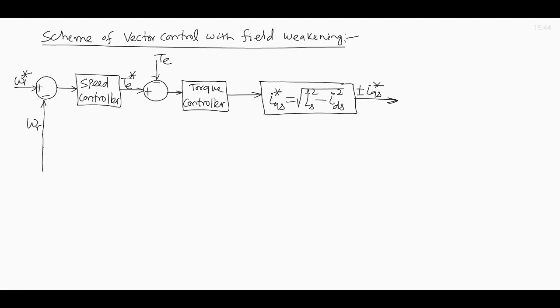Further, from the rotor speed, we have the flux controller. For high speed operation above the base speed, flux weakening control has to be done. So, the flux controller block generates the command value of the stator flux, that is psi S star.